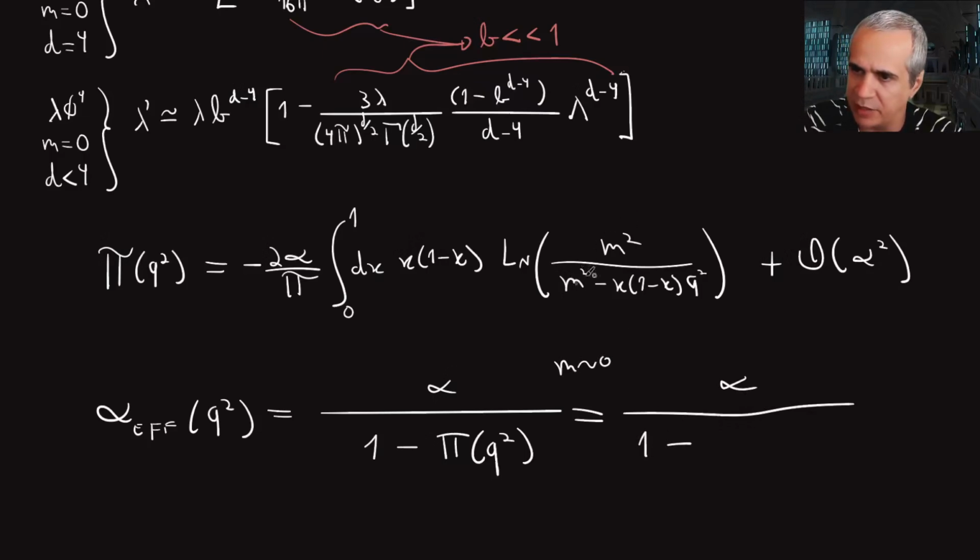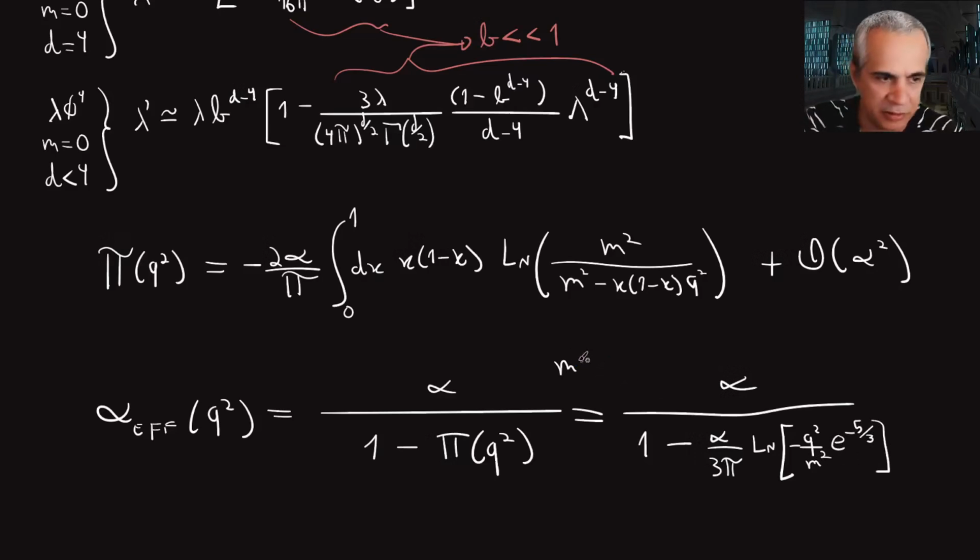So if I take the mass to 0, I can ignore that term and do the integral easily, and that becomes alpha over 3 pi log of minus q squared over m squared exponential minus 5. So there's still a mass here, not taking exactly the mass to 0, just saying that the mass is much smaller than minus q squared. So I can take that away, but I still have a dependency on the mass there.